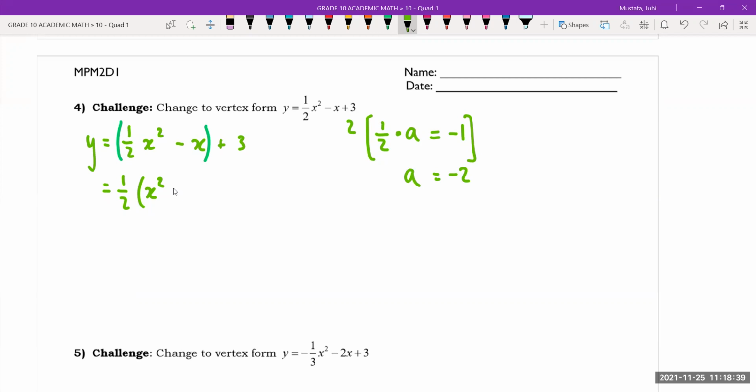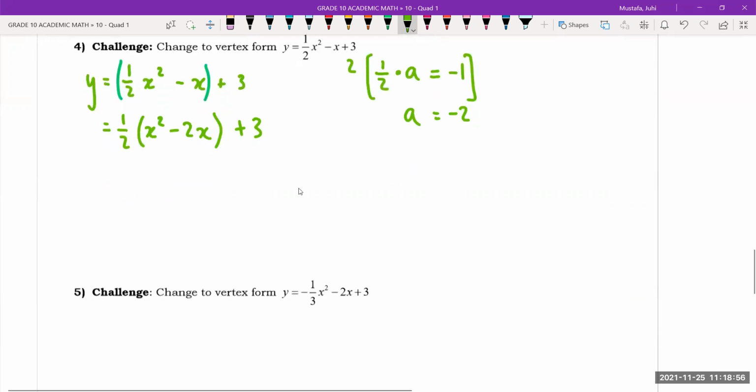And so you guys were right. Over here, we need to have a -2x. So a half times -2 is going to give me a -1. Now, you guys, the rest of this question is exactly what we've been practicing all along. That's it. So nothing really challenging except for figuring out this number does require a little bit of thought.